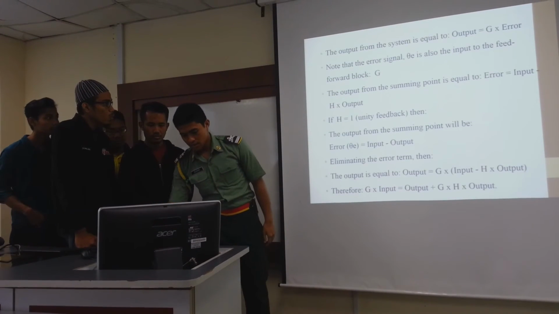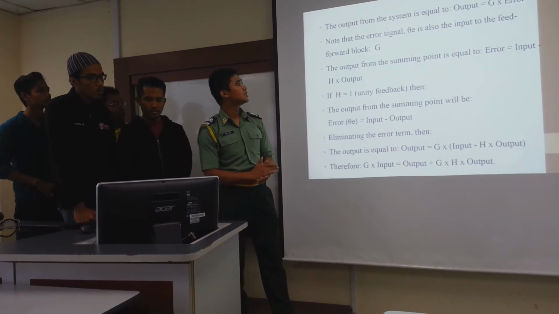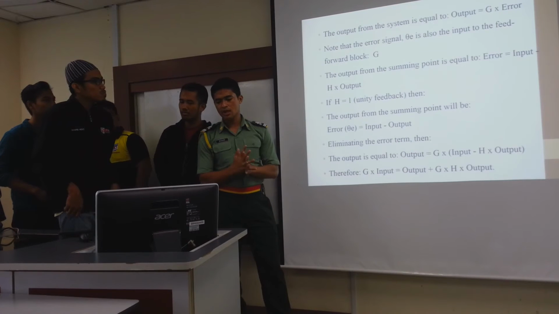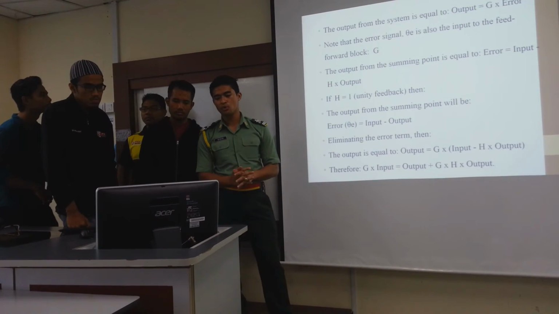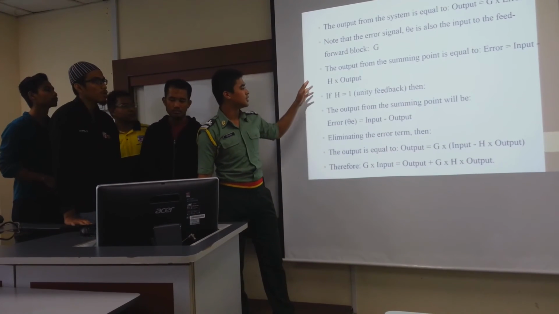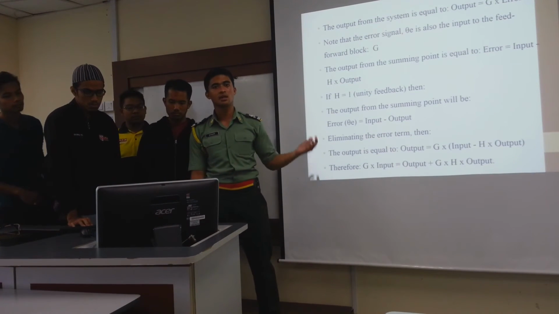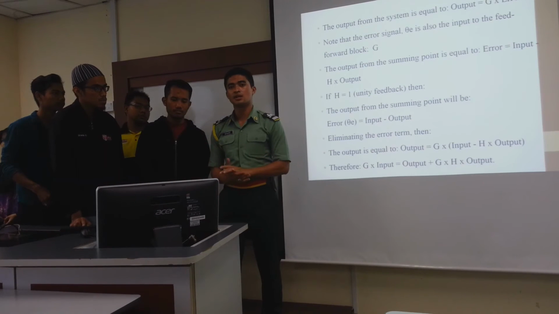Then the output from the system is equal to the output of G times the error. So note that the error signal theta E is also the input of the feedback from block G. This is the description from the basic block diagram that Alif just said in the beginning.